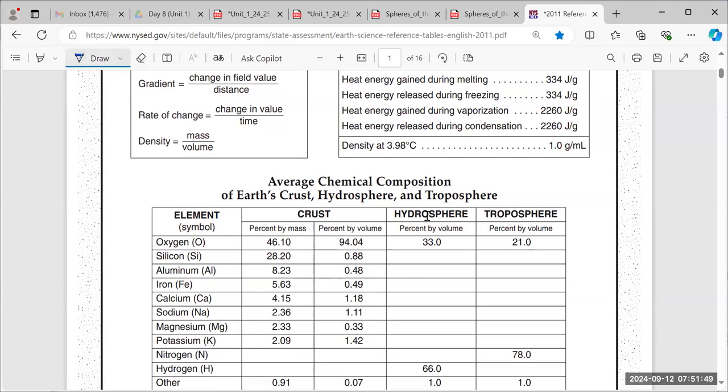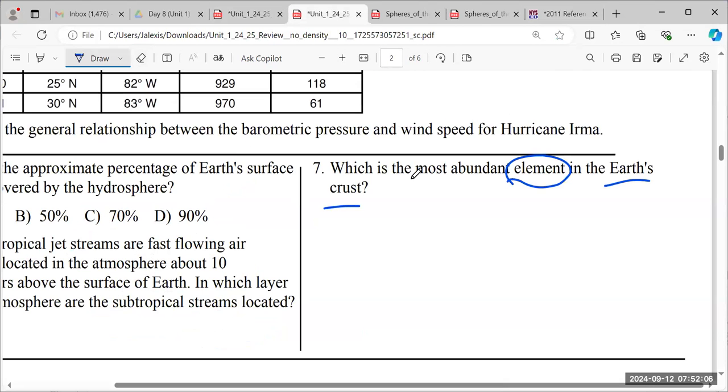And look, it says the average chemical composition of the Earth's crust, right? So I see elements here, I see crust here. So the question states, let's take a look real quick. What is the most abundant? That means the most abundant element in the Earth's crust.